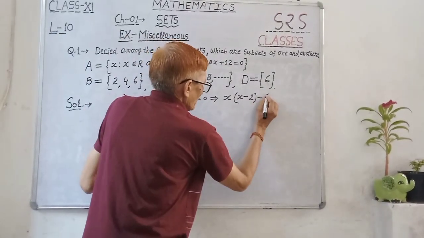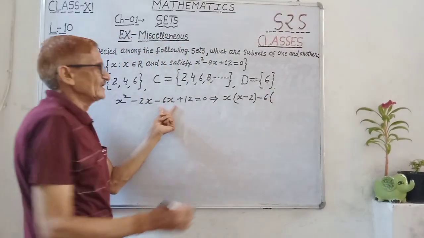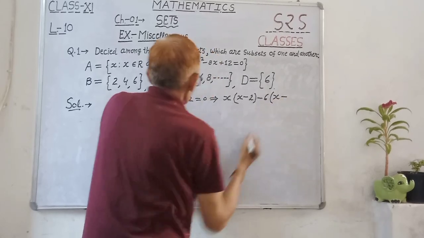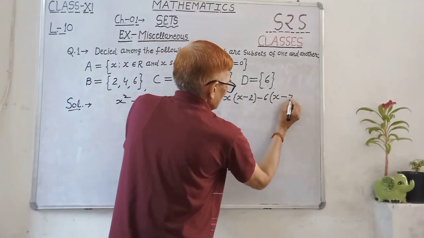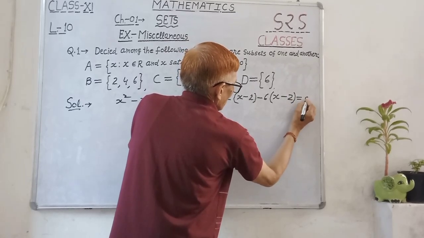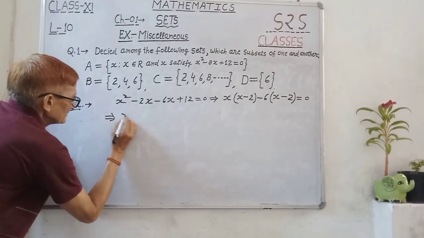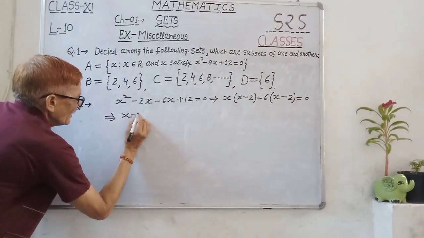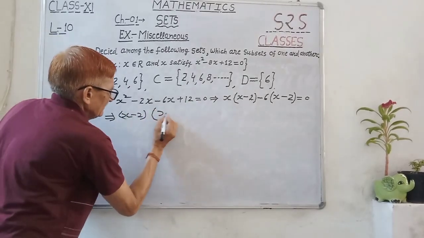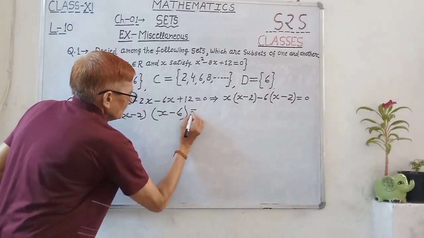So minus 6 common, then this minus 6x will be positive x, because minus common taken, and then plus will be minus, and 6 times 2 is 12, minus 2 equal 0. Okay, now you see that what is highest common factor? Highest common factor is here x minus 2 in both terms, and then left here x, and in second term minus 6 is equal to 0.